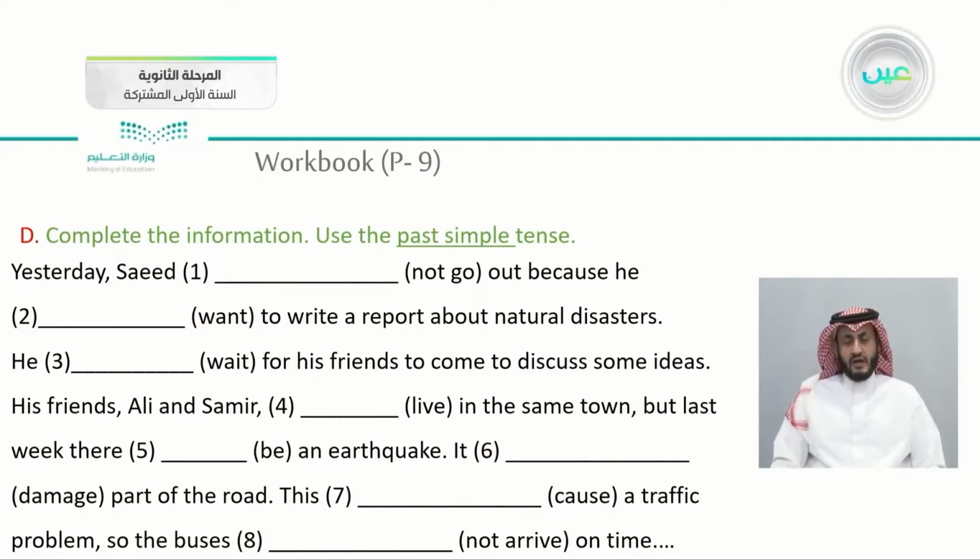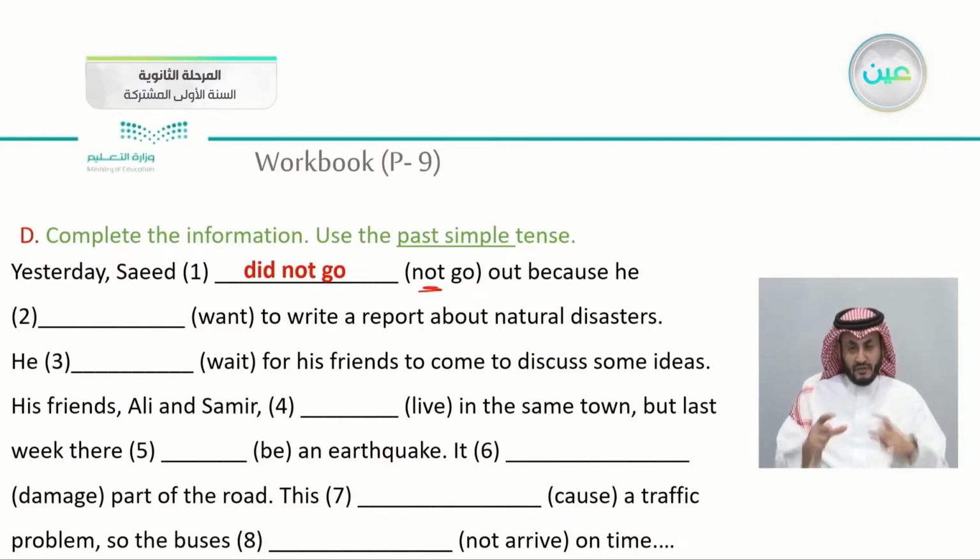Negative. So we need a helping verb. He didn't go. Because we have a negative here, we need a helping verb. It is in the simple past, did not go out because he want to write a report. Past of want, he wanted to write a report about natural disasters.